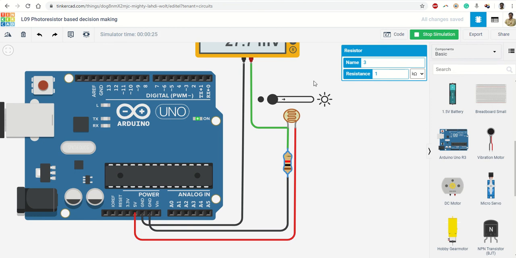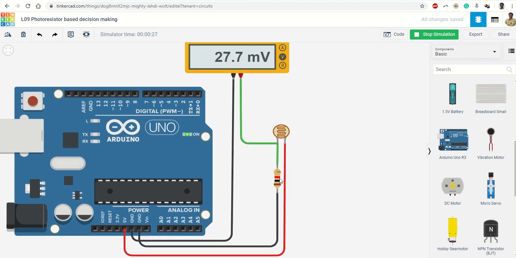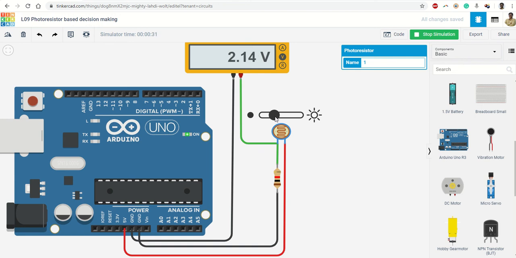That means very negligible voltage is appearing across this resistance. But as I change it and bring it somewhere in the center, you can see 5 volt is almost equally divided across these two, and as I move more towards brightness, I'll get higher and higher voltage.